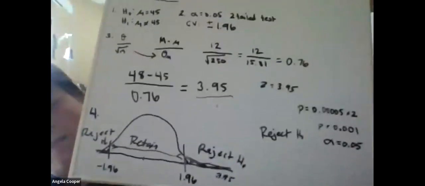It was 0.0005 times 2, which gives us a p-value equal to 0.001. Okay. So we compare that p-value to alpha, which again is 0.05 or 5%.